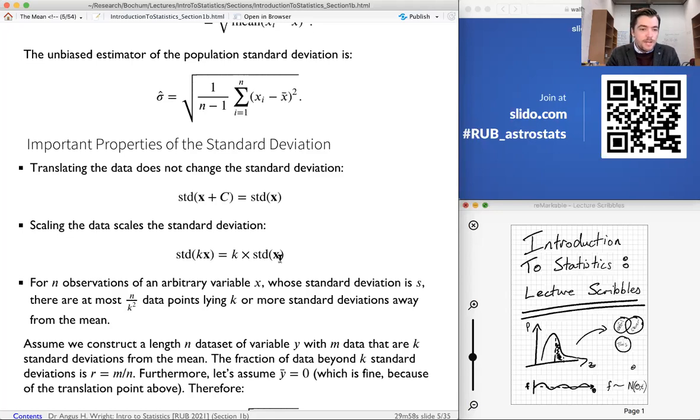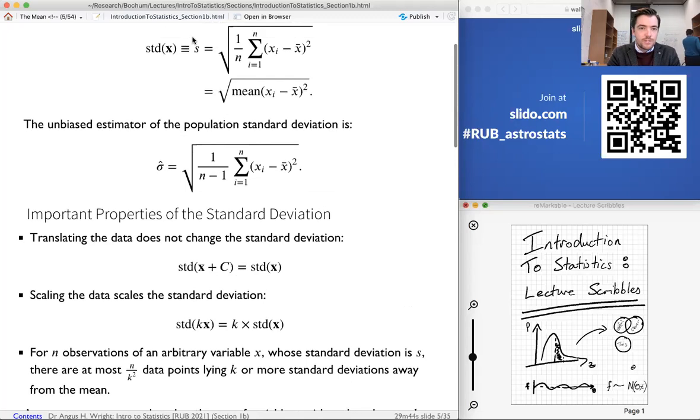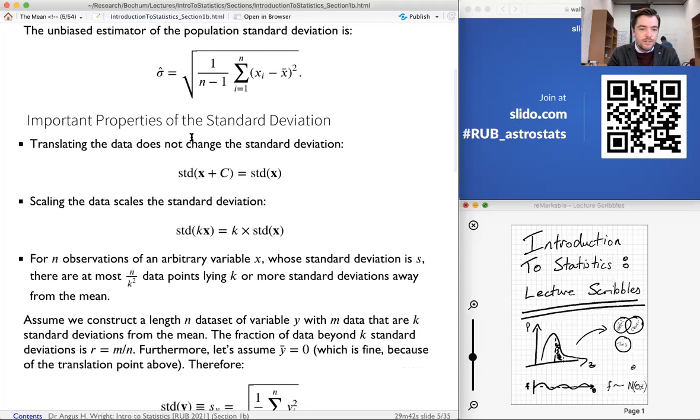It's an important property. And the last one is the one that you're probably not familiar with, which is arguably the most important. And that is to say, for n observations of an arbitrary variable x, whose standard deviation is s, going back to our definition of the sample standard deviation, there can be at most n over k squared data points lying k or more standard deviations away from the mean.